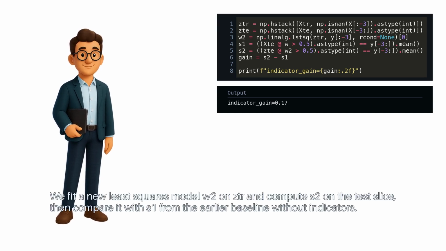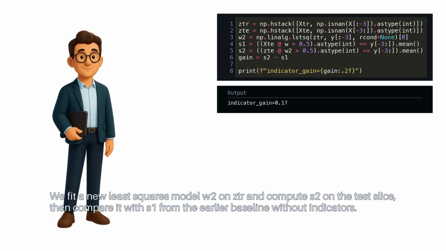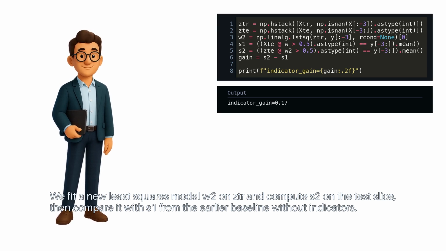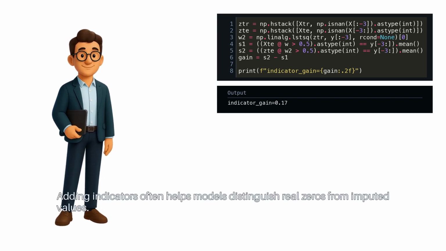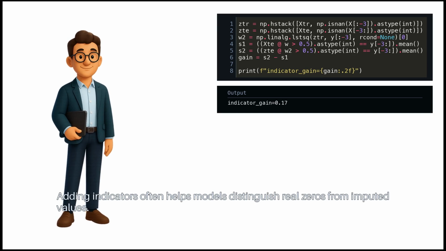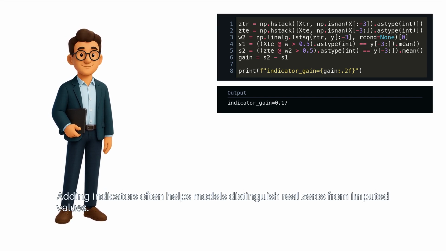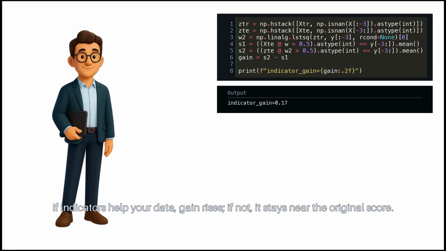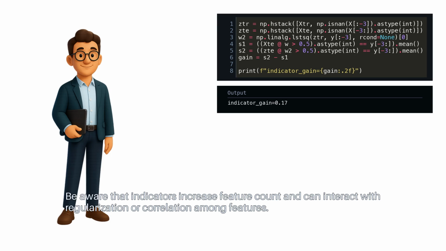We fit a new least squares model, W2, on ZTR, and compute S2 on the test slice. Then compare it with S1 from the earlier baseline without indicators. Adding indicators often helps models distinguish real zeros from imputed values. If indicators help your data, the gain rises. If not, it stays near the original score. Be aware that indicators increase feature count and can interact with regularization or correlation among features.